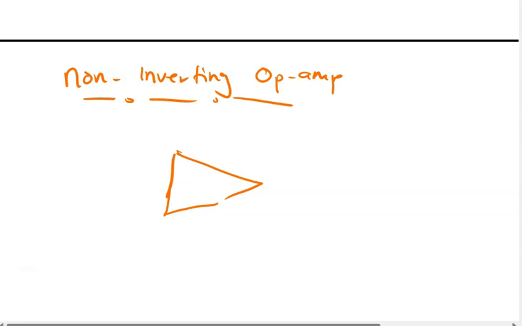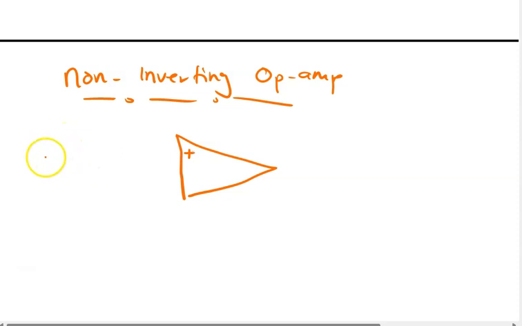My board is not straightened, so I'm struggling to write well. The positive can be up, the positive can be down. Okay. So the V in, or the voltage, is connected to the positive, that is the non-inverting side.